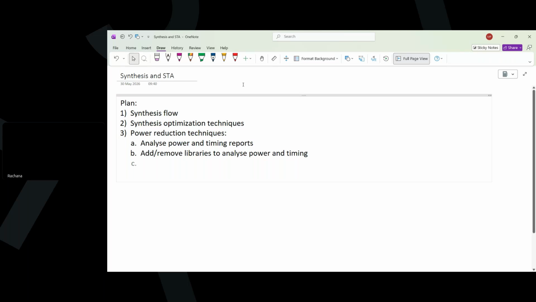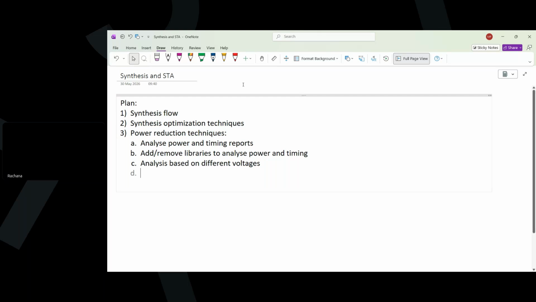We are going to do analysis based on different voltages. You must know that there are different libraries having cells, for example, libraries working on 0.95. Say we have two libraries, one working on 0.95, another on 0.75.